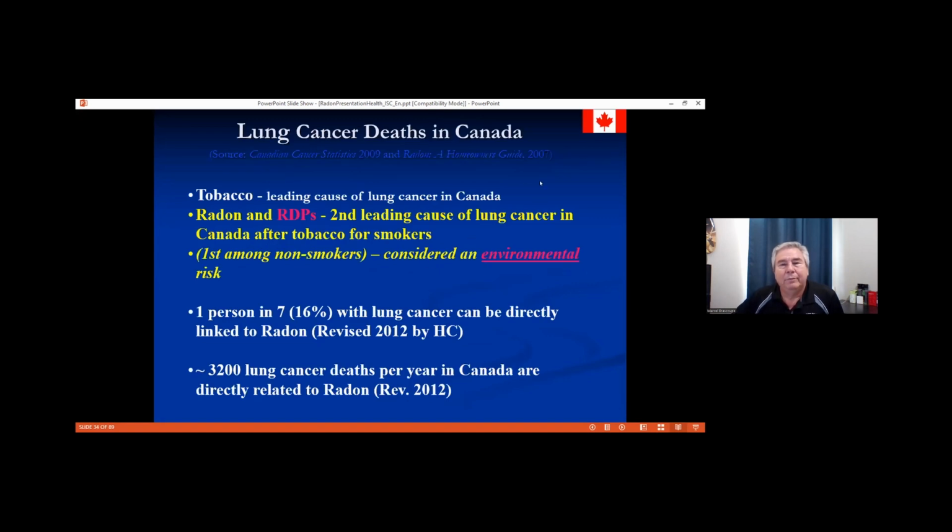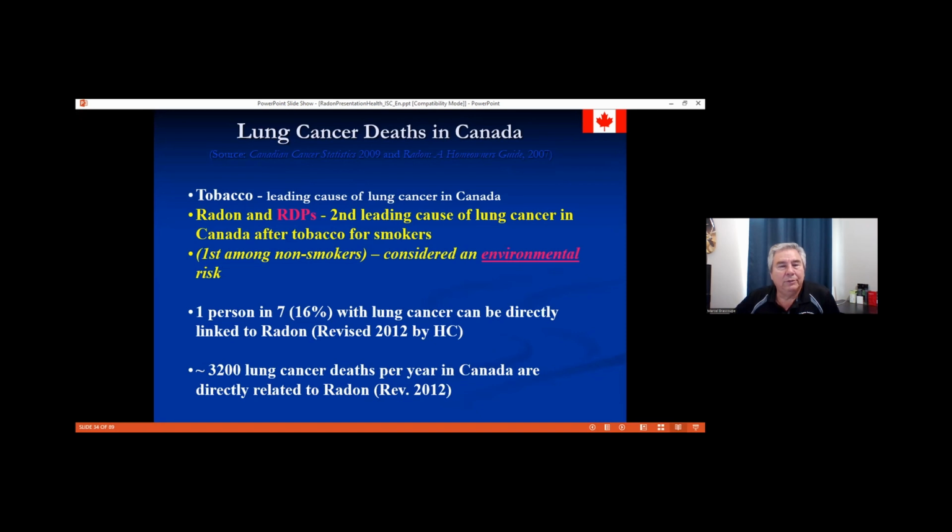Tobacco in Canada is still the number one cause of lung cancer. Radon and the RDPs, the radon decay products, are the second leading cause of lung cancer in Canada after tobacco for smokers. Radon is the number one cause of lung cancer in non-smokers, considered as an environmental risk. So for smokers, tobacco is still number one and radon number two.